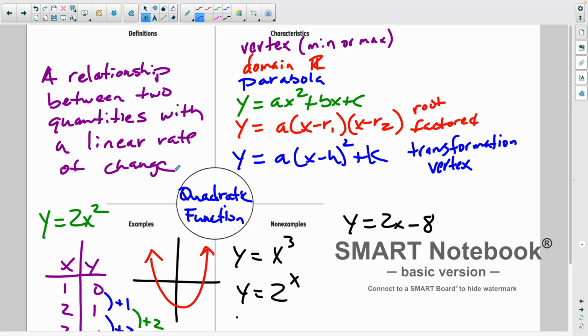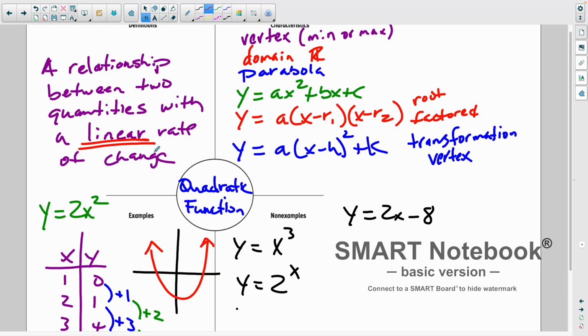So that's the difference, okay? With linear functions, it was a constant rate of change. With quadratic functions, it is a linear rate of change. I know that's a little bit confusing, but that's how we would define it. All right? And all that means is that my second differences are the same. Okay? Everybody okay there? Okay, I'll give you just a little bit more time to get that down.